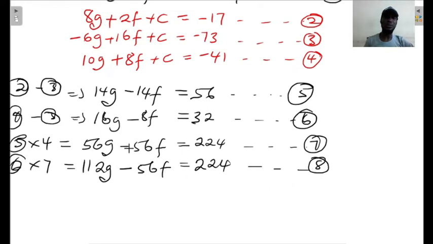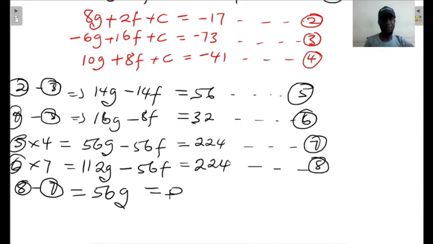So now I'll be able to make their coefficient the same, so I need to subtract since the signs are the same. So I'll do equation 8 minus equation 7, and that will give me 56G equals 0. Dividing both sides by 56, G will be equal to 0.